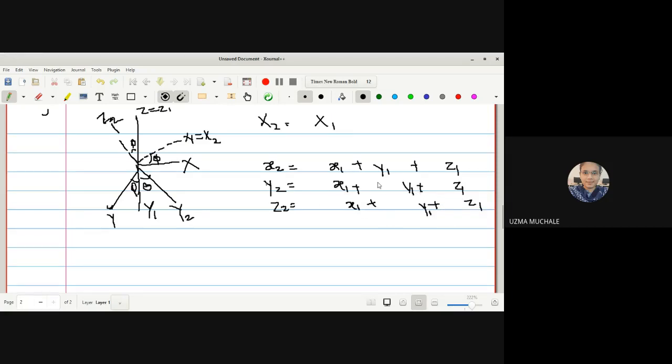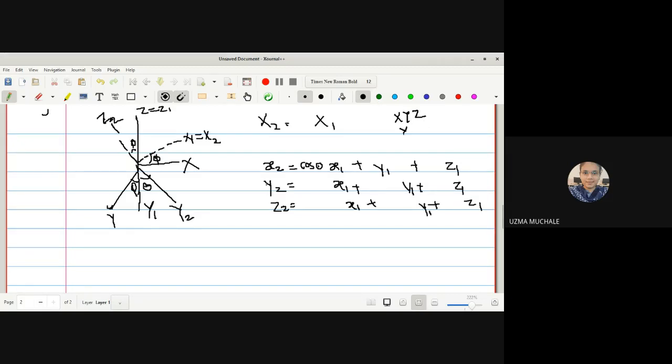Have you understood this step? If you understood, then what is the angle between x1 and x2? If x1 is equal to x2, we can say the angle between these two is 0. So cosine of this will give you direction cosines. Angle between y1 and x2. What is the angle between y1 and x2? Before that, I will write here somewhere that the angle between x, y, z is 90.